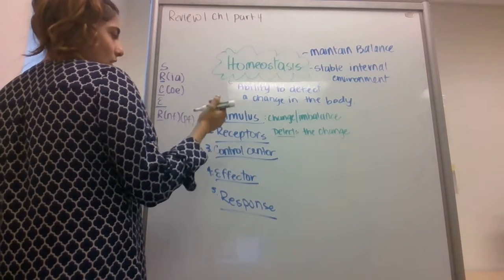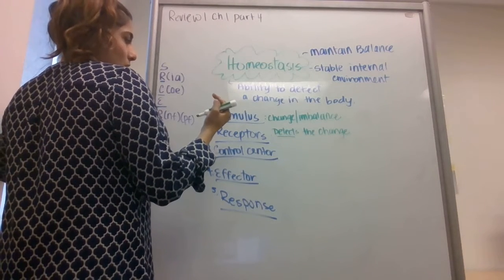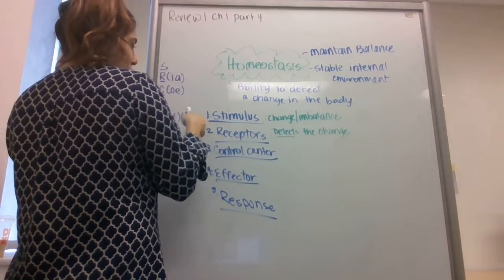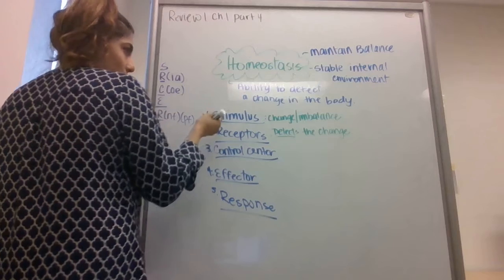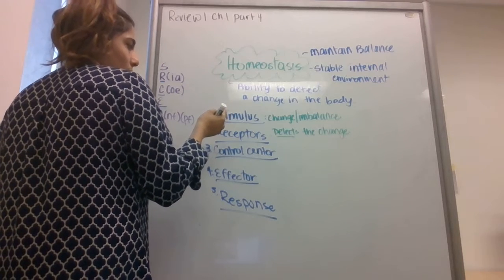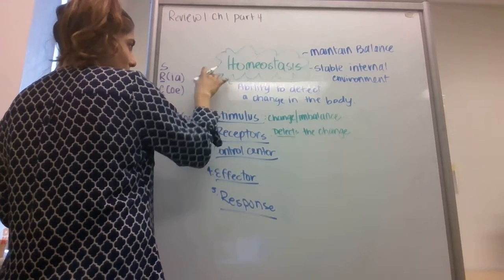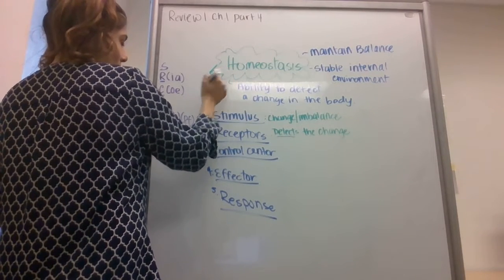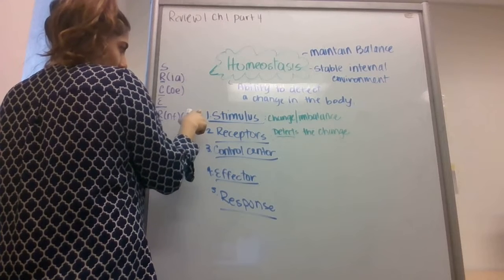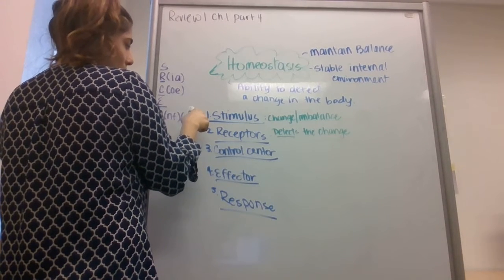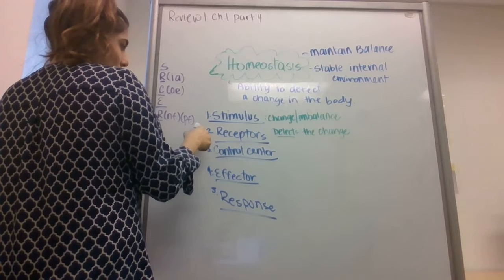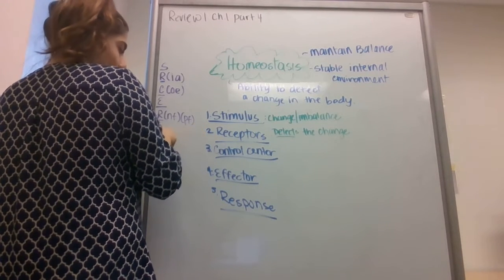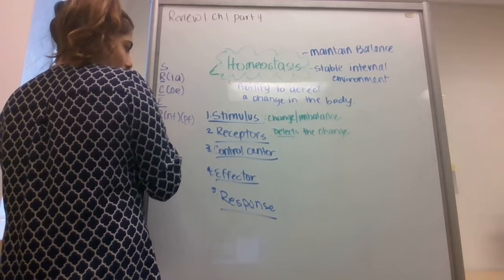Think of it like a security system for a house, right? Homeostasis is like a security system for your house. As soon as someone breaks in, the security alarm lets the police know that someone has broken into the house.